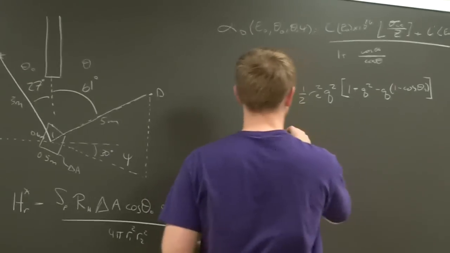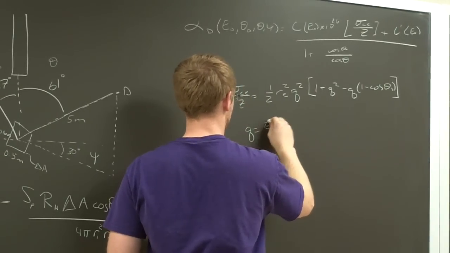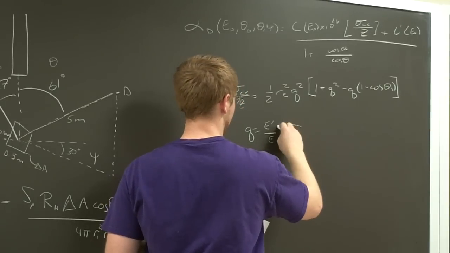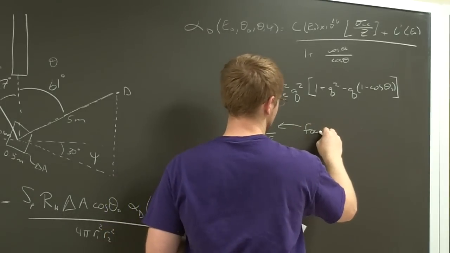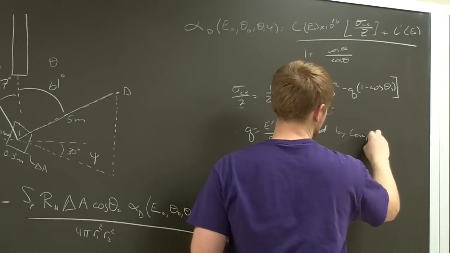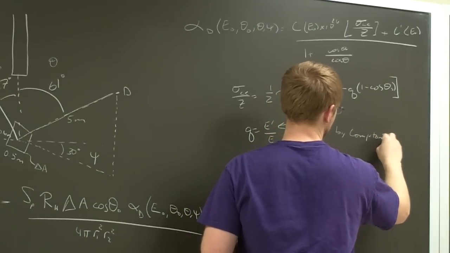Where q is equal to E prime over E, and where E prime can be found by Compton scattering.